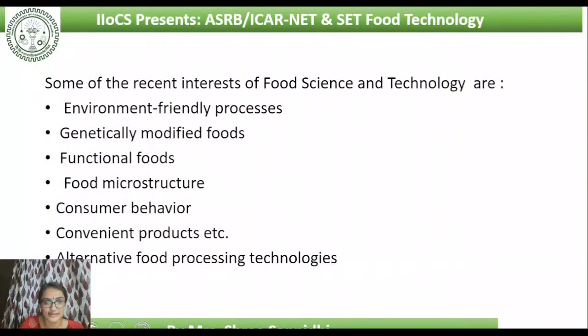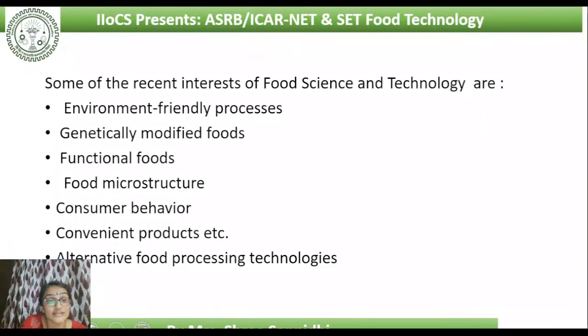Some of the recent interests of food science and technology are environment friendly processes. Here they make sure that all the packaging material or whatever material is used is as environment friendly as possible, like bio packaging and all. So usage of as little plastic as possible is one of the research areas going on now.